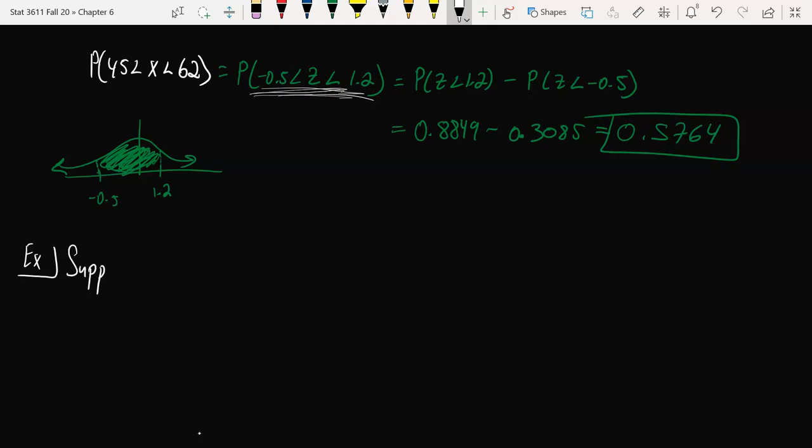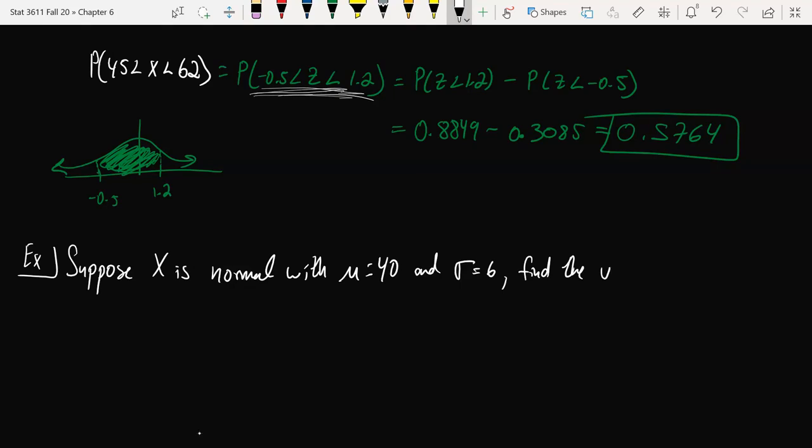Let's suppose X is normal with mean 40 and standard deviation 6.